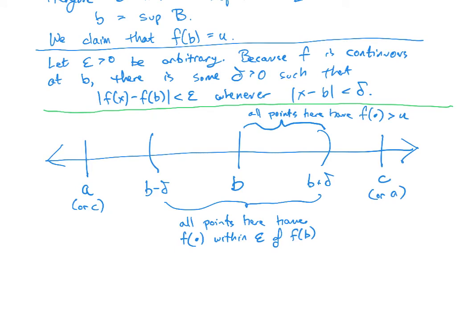Now we go over to the left. What can we say in the left half of this? Well, we can say that there is a point of capital B. Okay? Why is there a point of capital B over there? Professor, is that just like f of the point? Mm-hmm. Okay. Yeah, F of that point is greater than u.